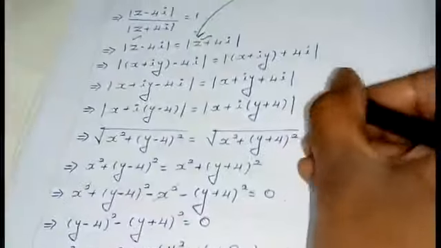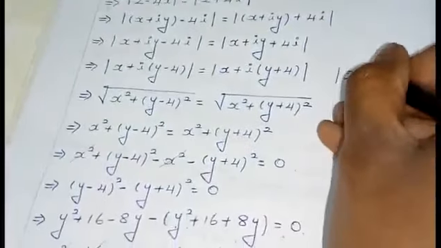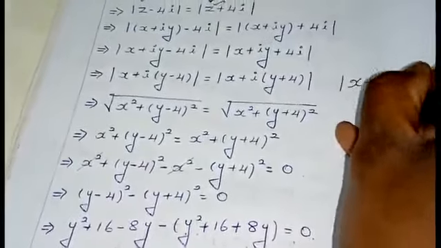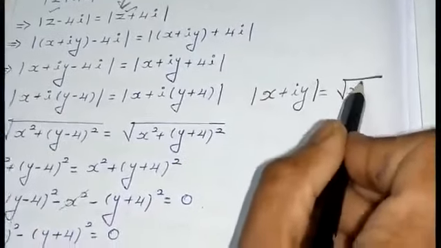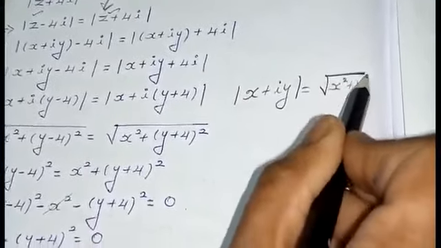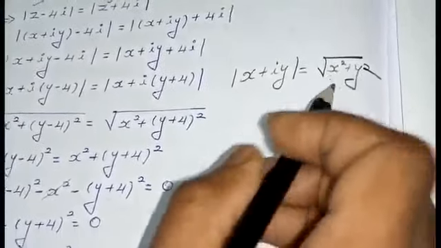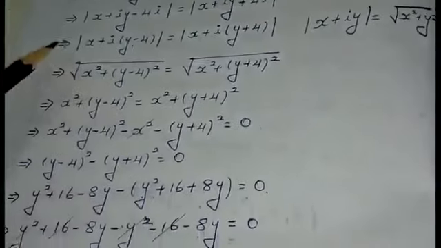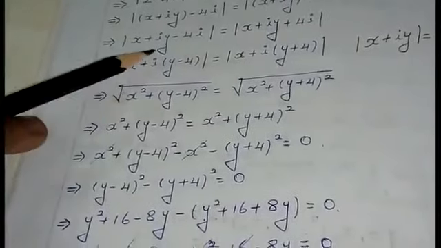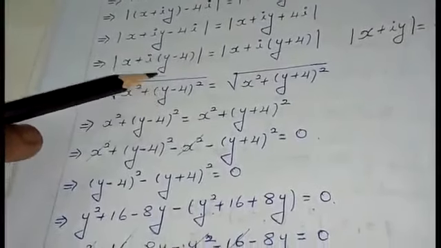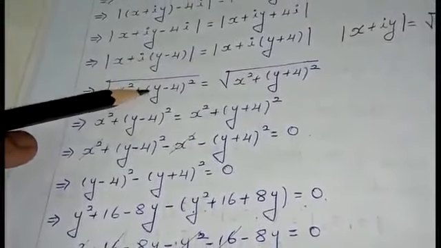According to the formula, modulus of x plus iy can be written as root of x square plus y square, that is real part the whole square plus imaginary part the whole square. Using that formula, I am writing like this, that is a real part the whole square plus imaginary part the whole square. What is the imaginary part I am having here? Y minus 4 the whole square.